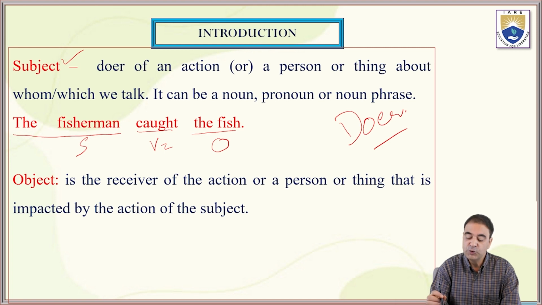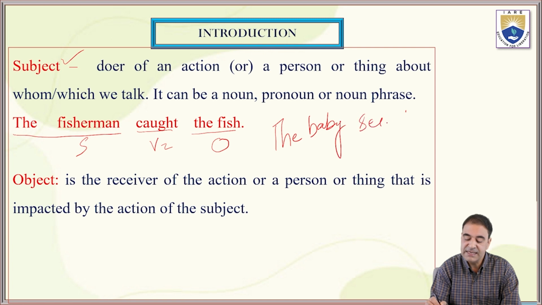That's why I told you subject means doer of an action, or a person or thing about whom or about which we talk. Like here, the baby seems happy. If you look at this sentence, we have the subject the baby, and then we have the verb seems in first form, and then we have happy as complement.